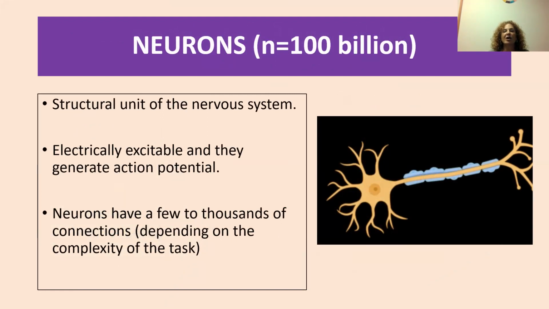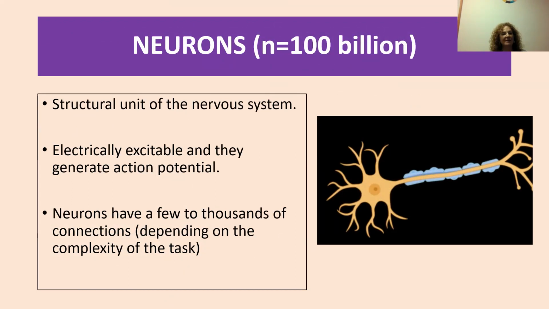The neurons are quite extensive in the human body. There are probably over 100 billion different types of neurons. These are the structural units of the entire nervous system. They are excitable electrically, and their job is to propagate and generate an action potential. In other words, propagate and create a force that will allow for action.